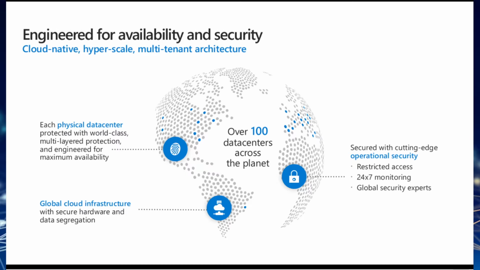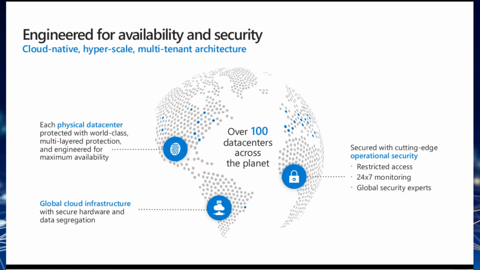So it starts with operational excellence in the cloud: physical security, operational security, and the global cloud fabric that runs on our clouds, which of course is Office 365 and Azure, right?